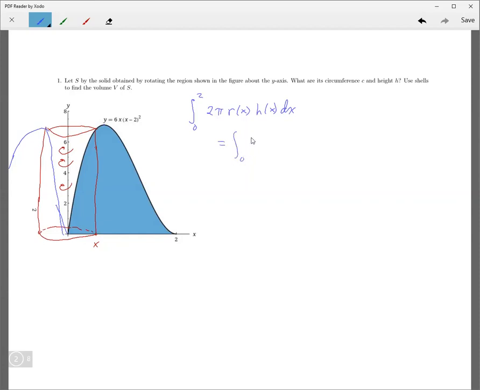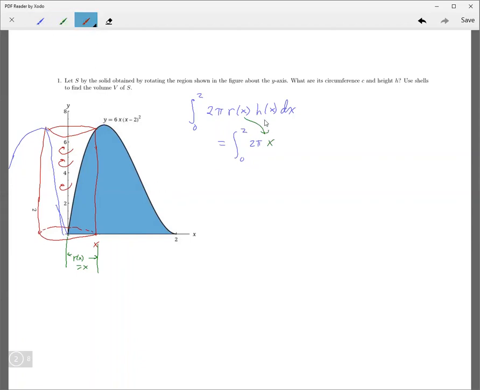Okay, so we can figure out what the radius is. The radius is going to be from here to here, from 0 to x, and that's just going to be x. Okay, so that's x.